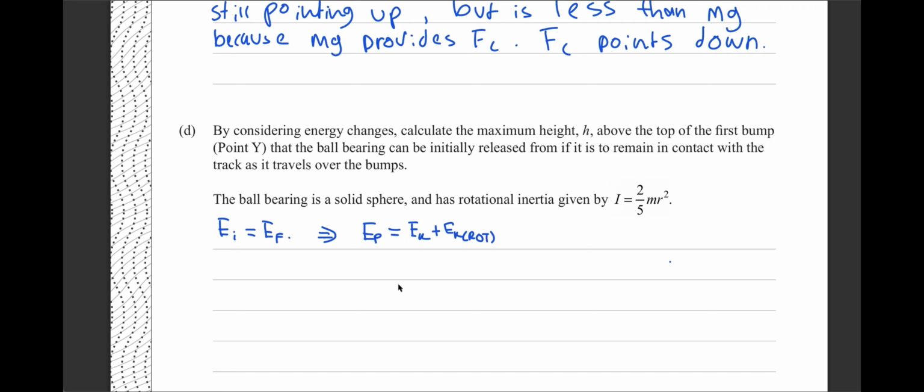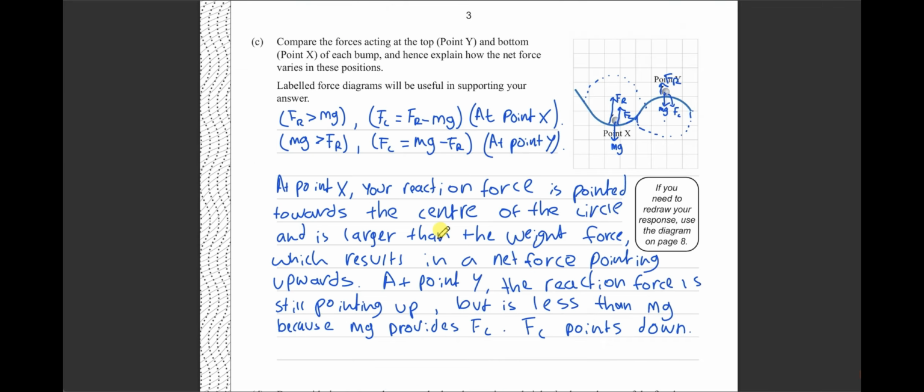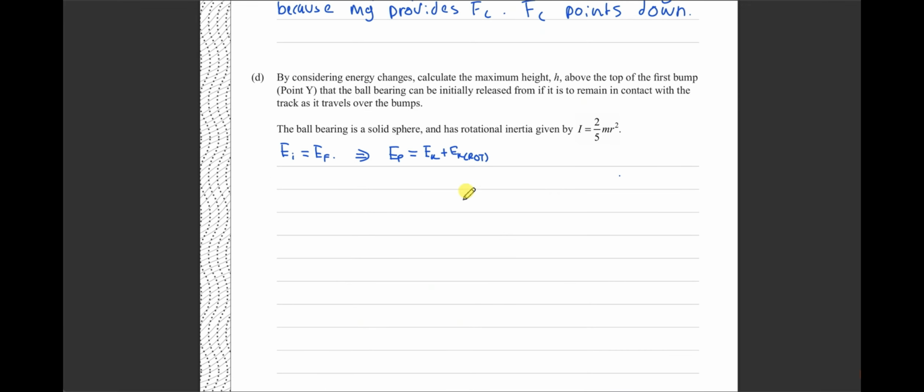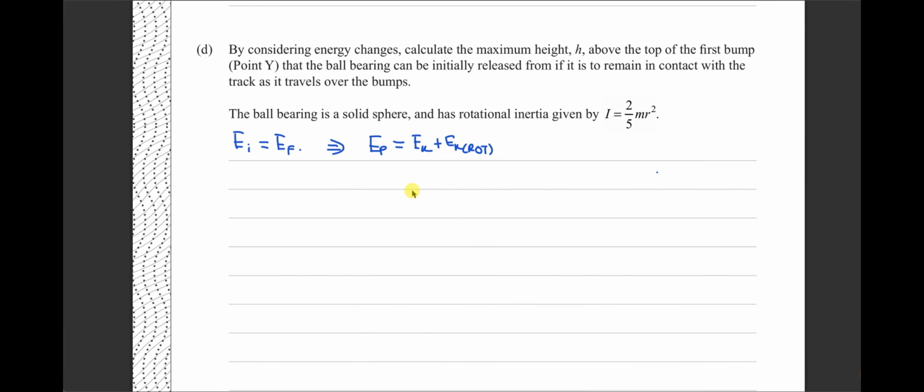It doesn't have gravitational potential energy because I'm assuming this is the line h equals 0. Because we're calculating the height of the ball above Y, relative to Y, this should be 0. And I think that's about all, and we can start constructing our equation now.